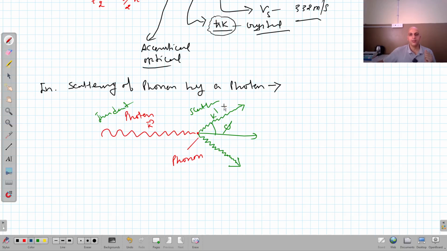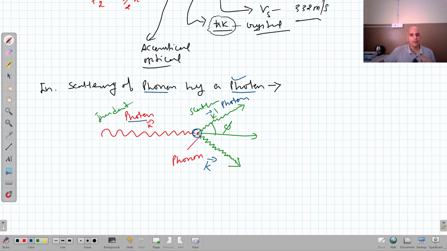This is photon and this is a phonon. Phonon has wave vector capital K vector. And this is small k, this is small k. So this was the inelastic scattering of a phonon by photon, or you can say photon by phonon. So there is an interaction between these two particles. This is a photon coming in this direction.